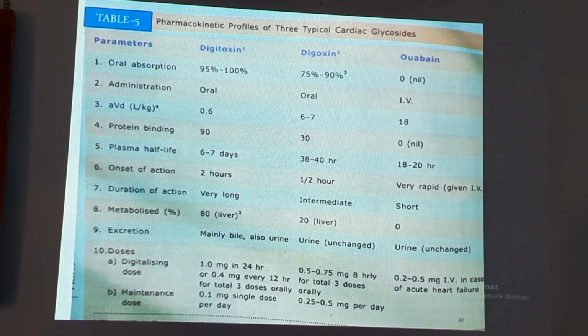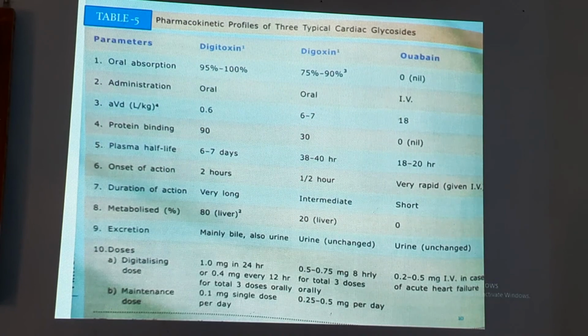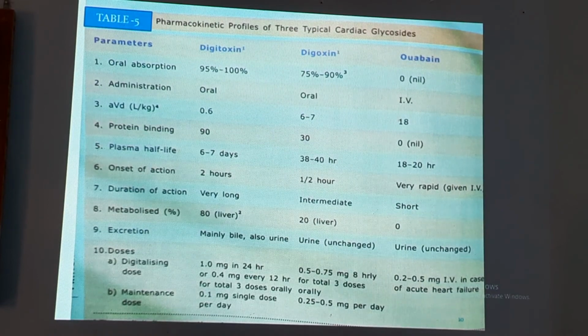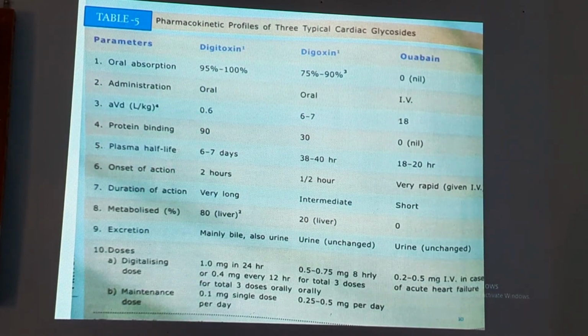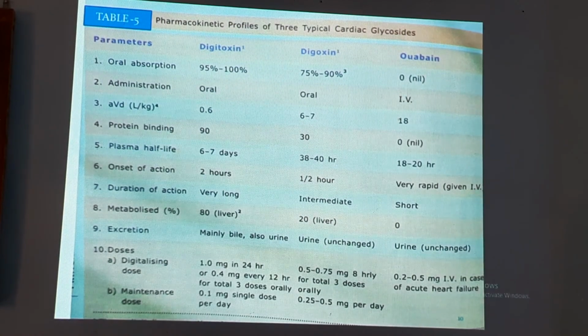In this table, the pharmacokinetic profiles of 3 major typical cardiac glycosides are shown. These are digitoxin, digoxin, and ouabain. On the left side, 10 different parameters are shown.